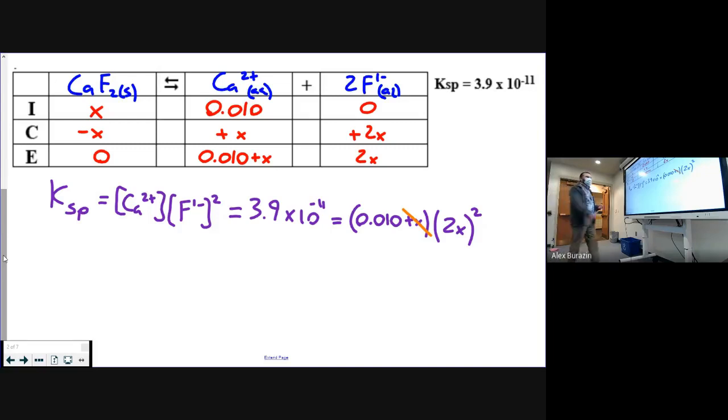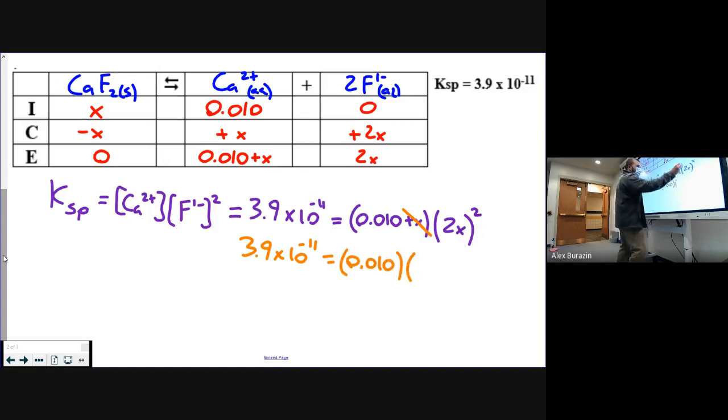All right, so let's solve this. We're going to ignore that. And now we have 3.9 times 10 to the negative 11 equals 0.01 multiplied by 4x squared, right? I'm just squaring that term. I can combine these. So I have 3.9 times 10 to the negative 11 equals 0.01 times 4, which is 0.04 x squared.